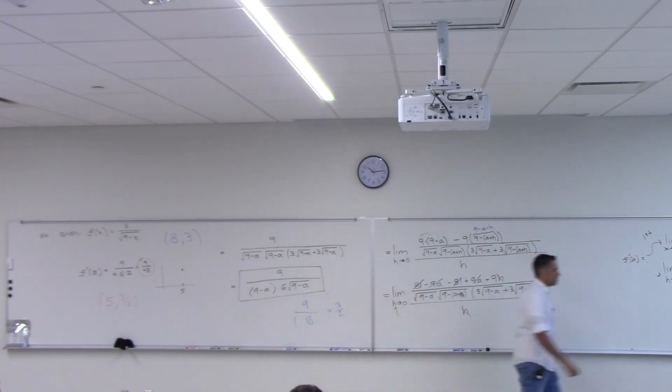Am I moving too fast? If I go to a second point, 8, 3, there's my second point right there. I know the equation of the tangent line is y minus 3 equals the slope, which was 3/2, 1.5, times x minus 8.